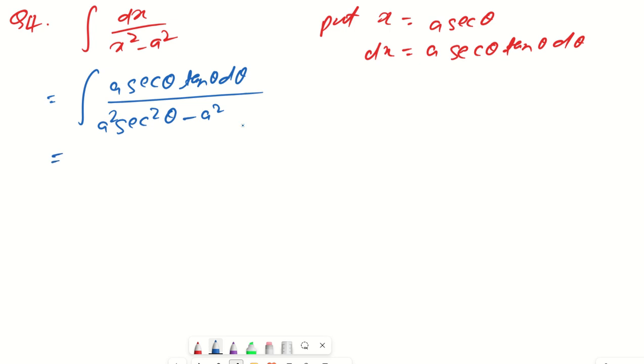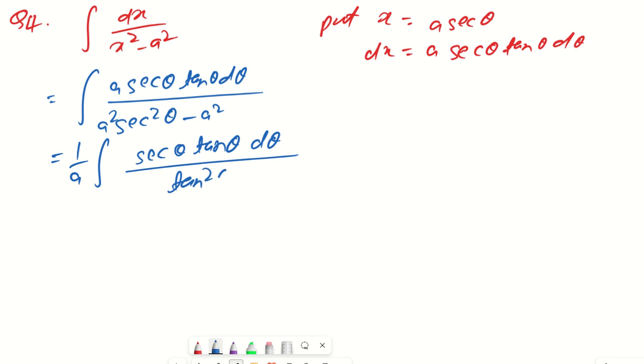Now can we take out a square common from denominator? So we will have a by a square, so it will become 1 by a, and sec square theta minus 1 will become tan square theta. So I can write it down 1 by a integration of sec theta tan theta d theta divided by tan square theta.